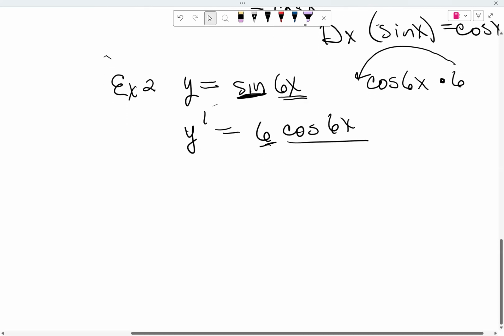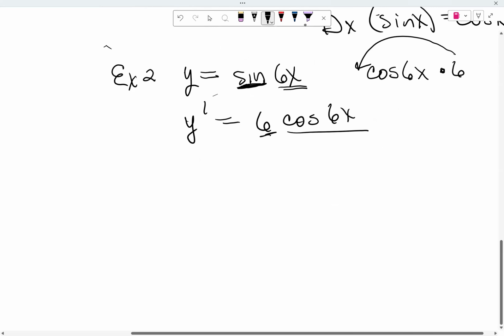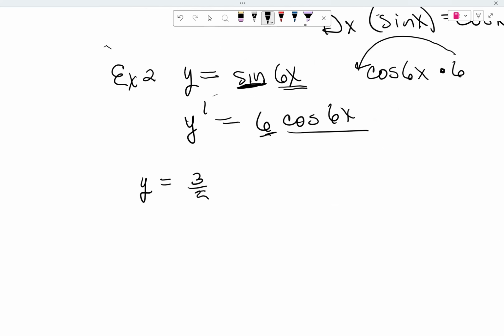Okay, so let's say I give you some function y equals 3/5 times cosine of 15x, and I ask you to find its first derivative. Can you agree that it would be -9 sine of 15x?